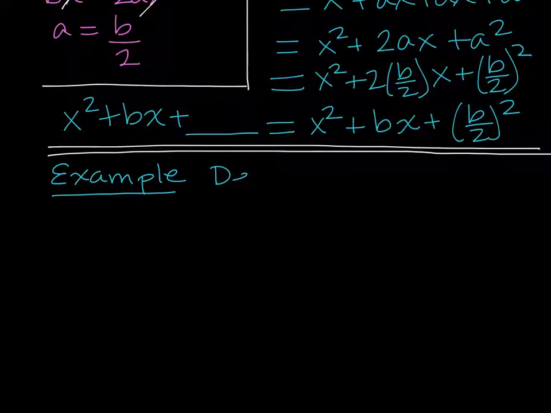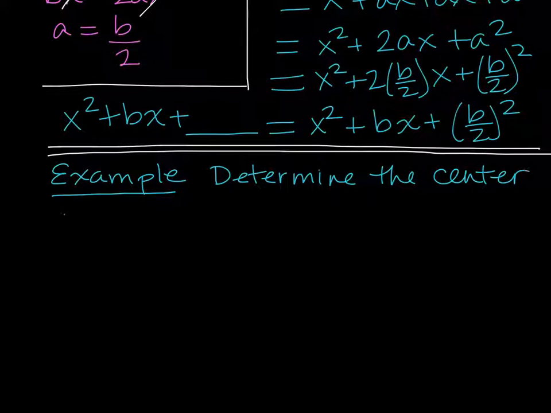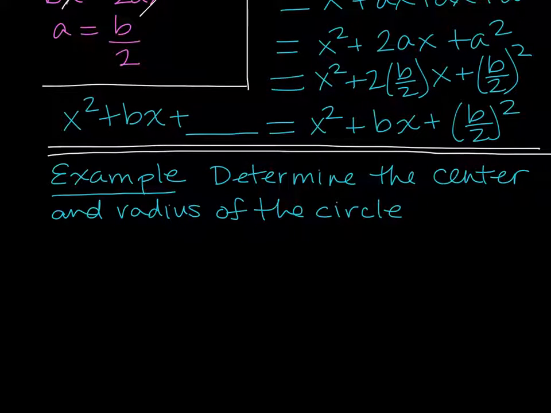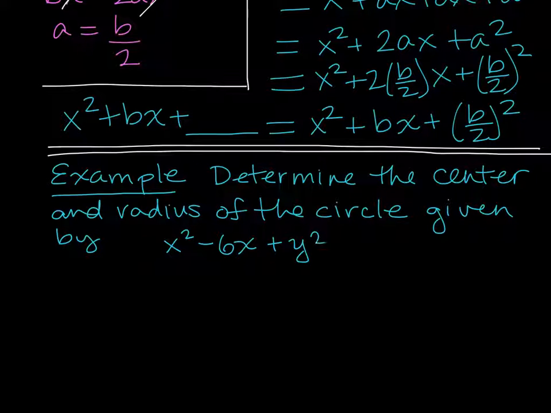We want to determine the center and radius of the circle given by x squared minus 6x plus y squared minus 8y equals 0.